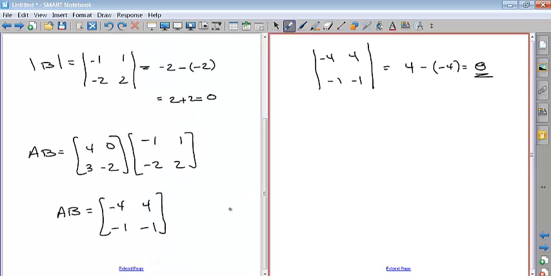So let's check out the answer. So that's 63. Negative 8, correct. 0, correct. Negative 4, 4, 1, negative 1.